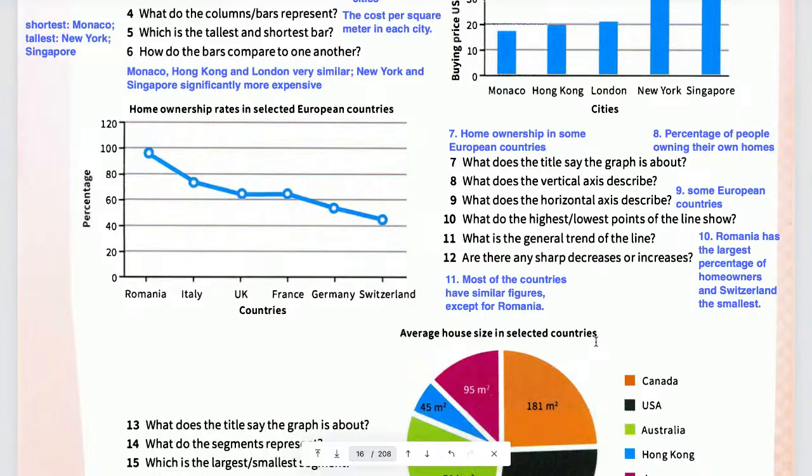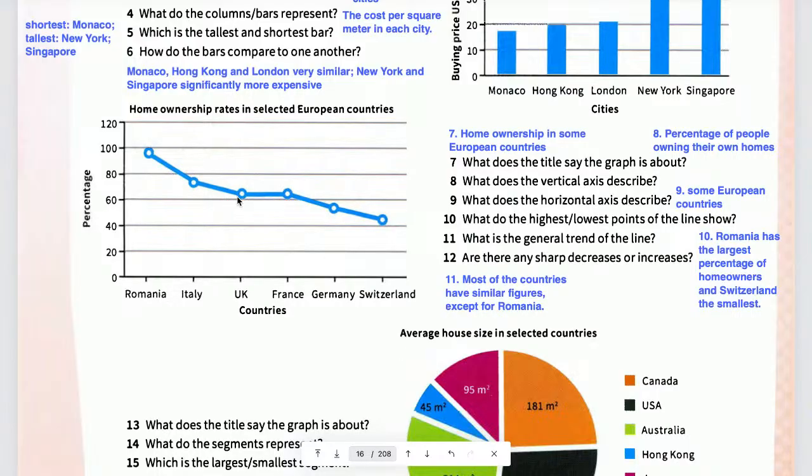Which part? Which part do you see kind of sharp decreases? Yeah, the part between Romania, right?